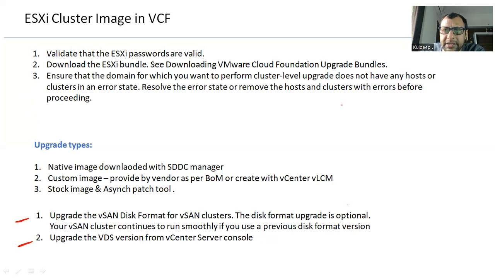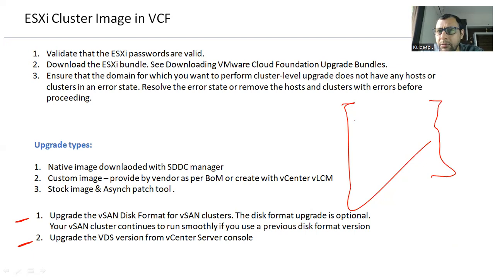The vSAN witness upgrade is only in case you are using the stretch cluster. What we need to do with the vSAN witness appliance upgrade, you can perform after upgrading your ESXi nodes in the stretch cluster environment.